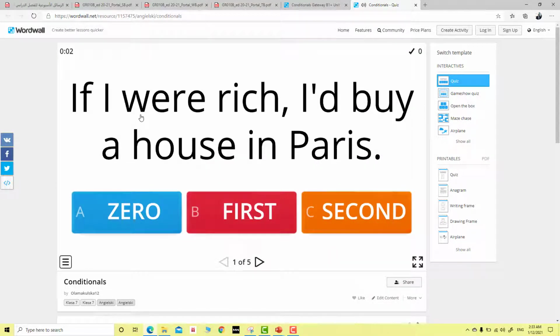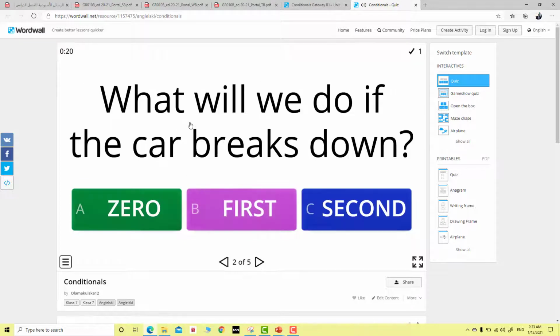If I were rich, I'd buy a house in Paris. What kind of conditional is this? Zero, first, or second? I think it's second because it has were as the past simple, and would. What will we do if the car breaks down?